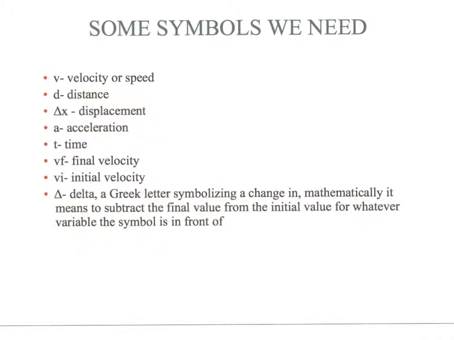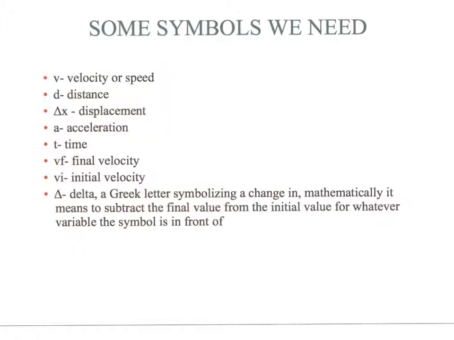The first thing we need to know in order to be successful calculating properties of motion is the symbols and what they stand for. Lowercase v is velocity or speed, lowercase d is distance, delta x is displacement.